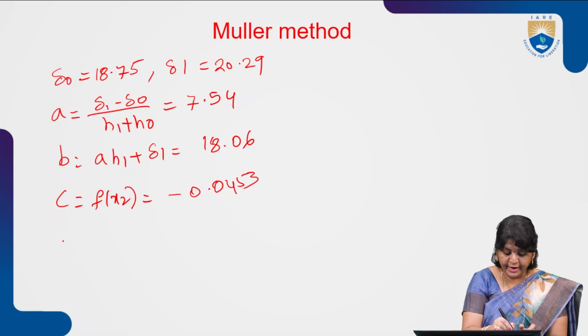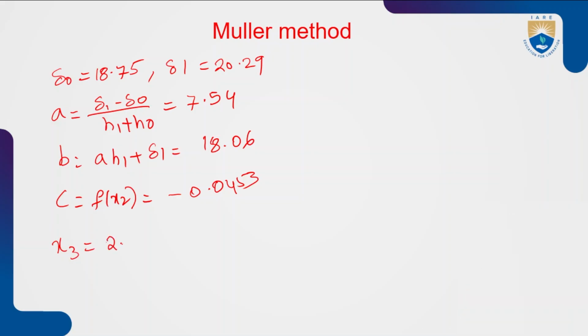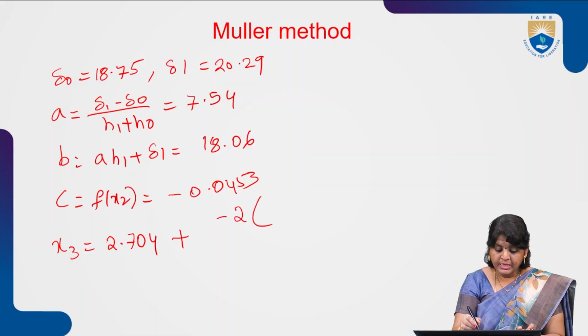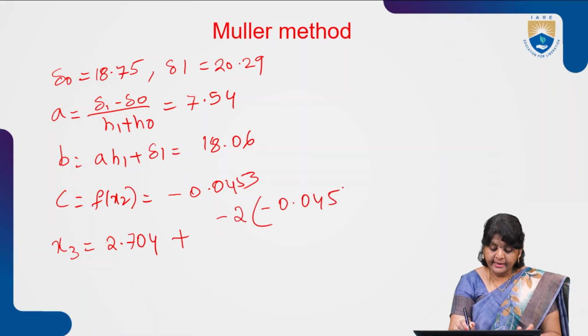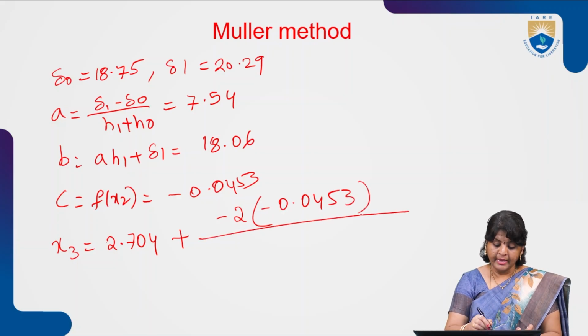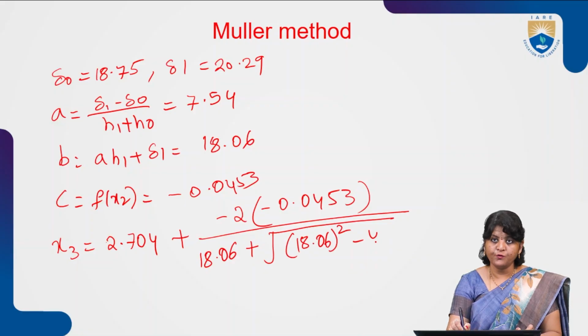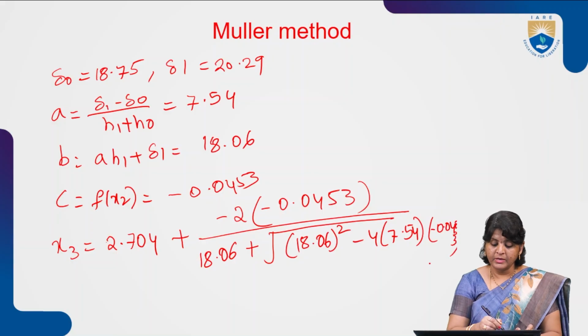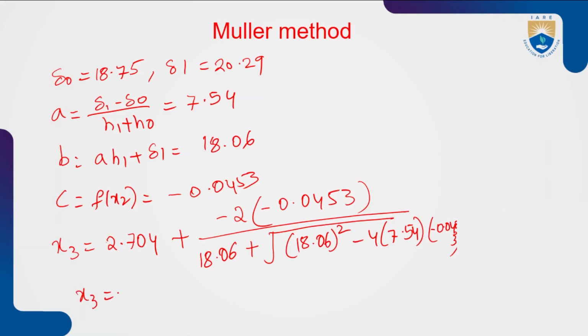With these values, we will find the x3 value, where x2 is 2.704, plus minus 2 into C value 0.0453 divided by B value 18.06, plus, since it is a positive value, we will use only the positive, so plus root of 18.06 whole square minus 4 into A value 7.54, C value minus 0.0453. After substituting this, we get the x3 value.